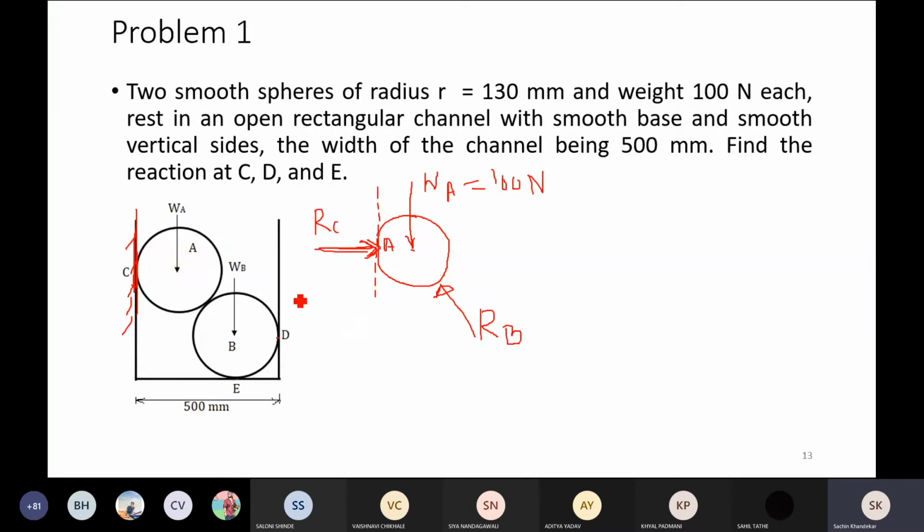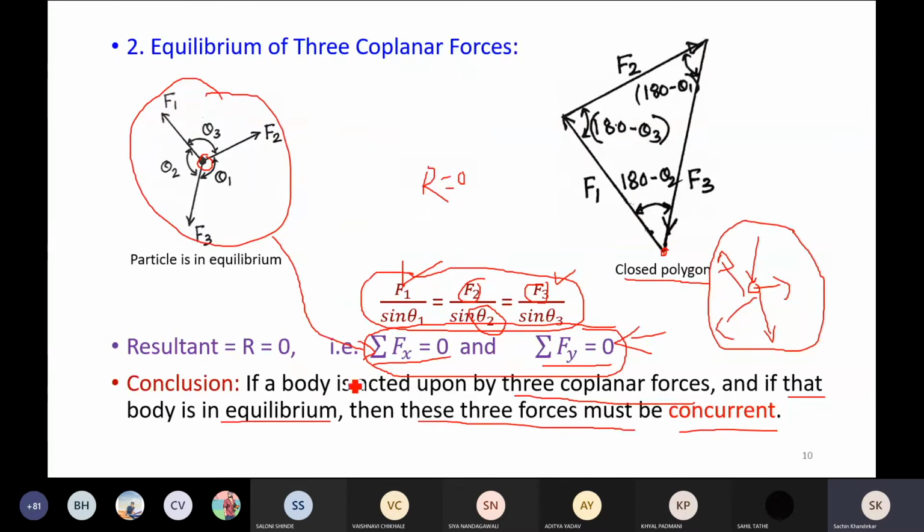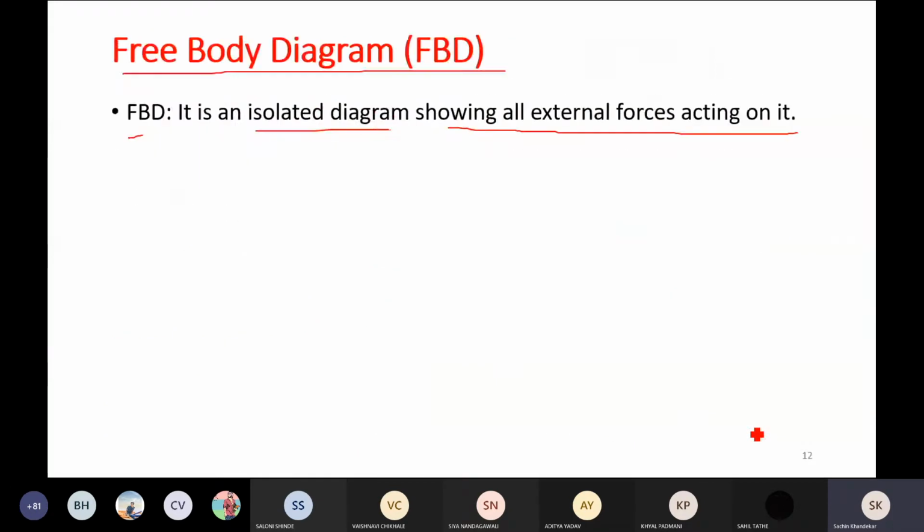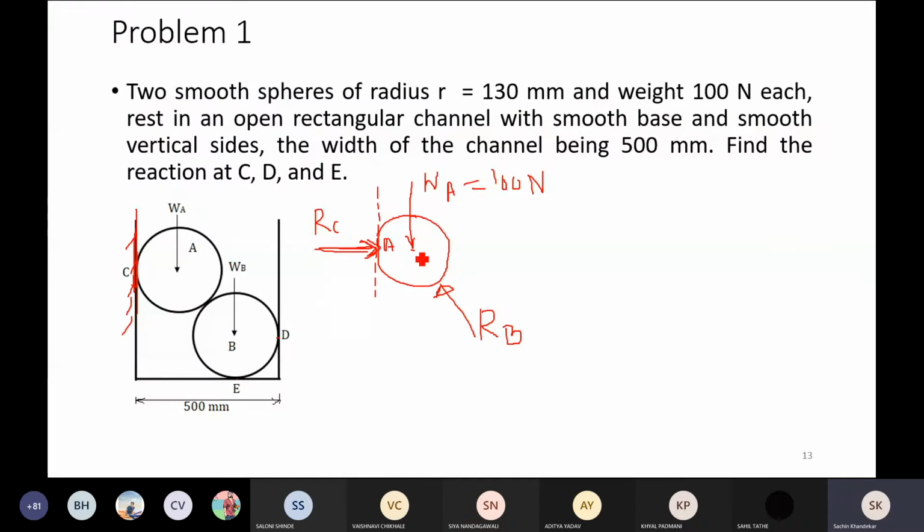And here we know that cylinder A and cylinder B are both in static equilibrium. Please note that they are at rest, complete rest. This is a very important conclusion: if a body is acted upon by three coplanar forces, and if that body is in equilibrium, then these three forces must be concurrent. So this particular body A is acted upon by three forces, right?